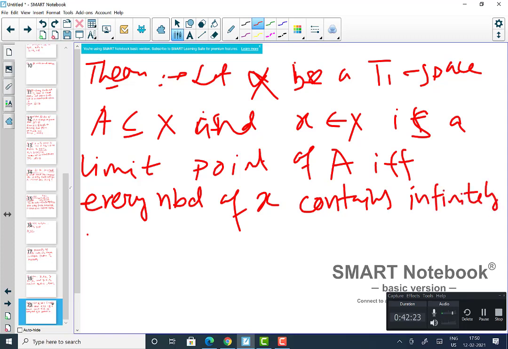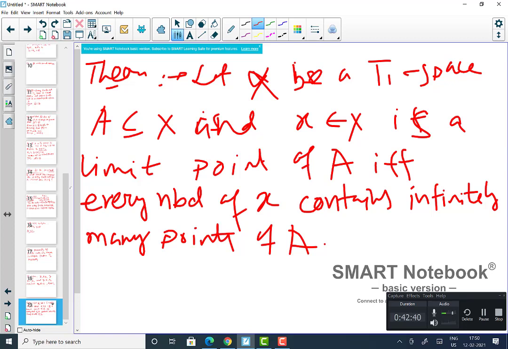Infinitely many, because the finite sets are all closed singletons, so the neighborhood must contain infinitely many points of A. This is the final condition.